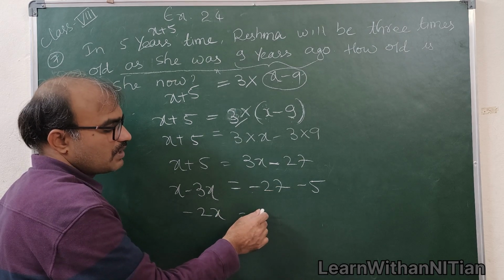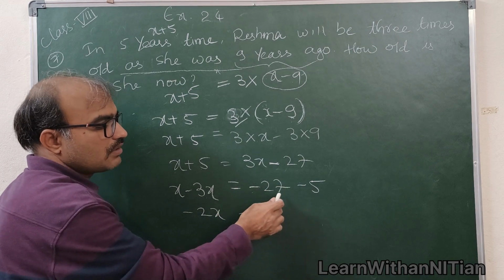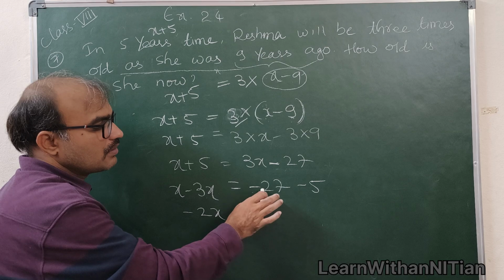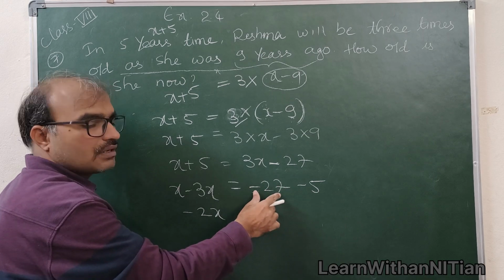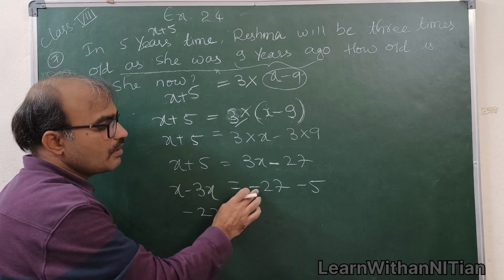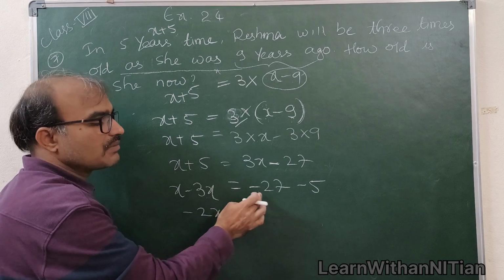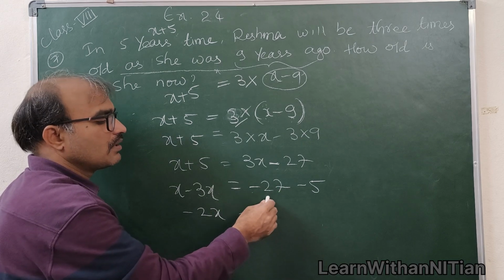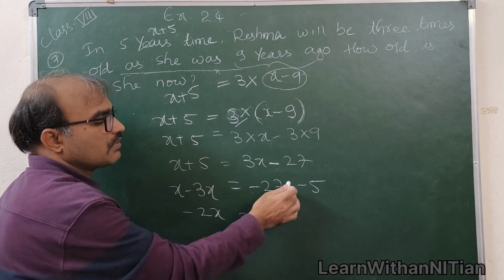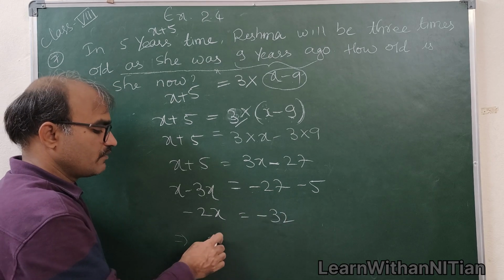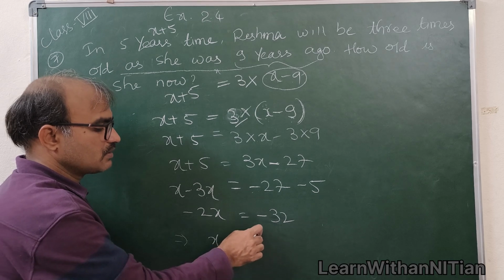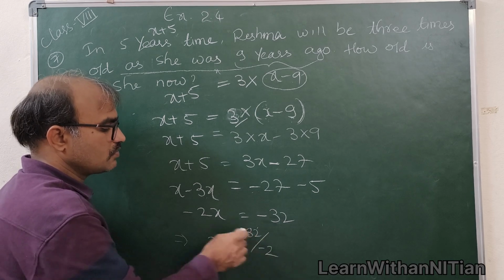Minus 27 minus 5: both have the same symbol, don't say multiply here. When you find two numbers side by side with the same symbol, add them and write the negative symbol. 27 plus 5 is 32. So therefore x is equal to minus 32 by minus 2.